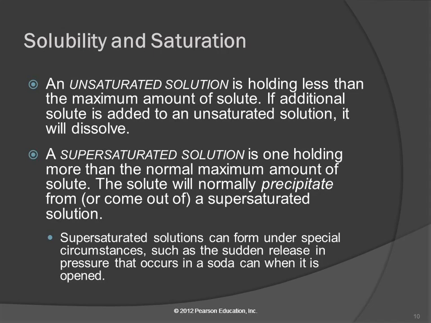And then we have supersaturated solutions. A supersaturated solution is one that holds more than the normal amount, the normal maximum. This is an unstable situation, and that extra solute will normally precipitate out of solution. So how could you put more in than is possible? How can it hold more than it can hold? Well, there's a couple of different ways that this can happen.